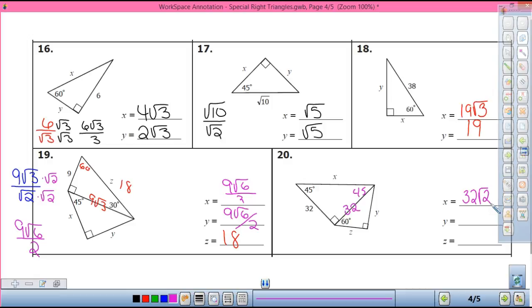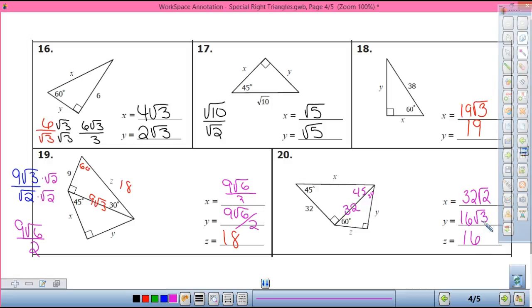Okay, and now all of a sudden, I have the what of my 30, 60, 90 triangle? The hypotenuse. So hypotenuse to little leg is 16. Small leg to long leg, 16 square root of 3.